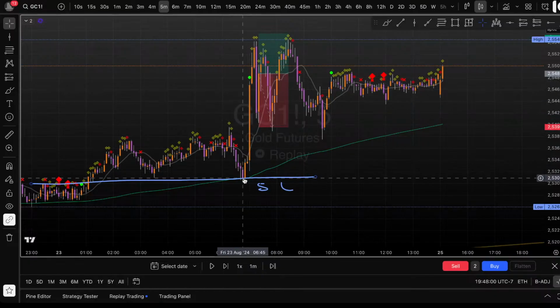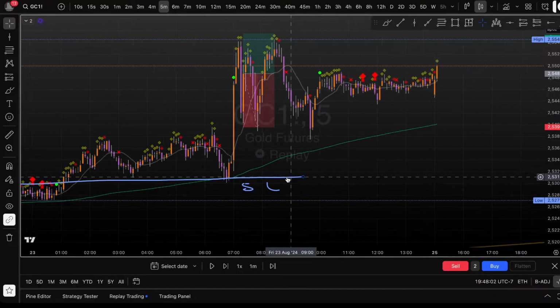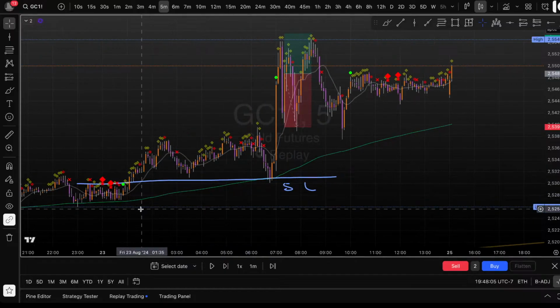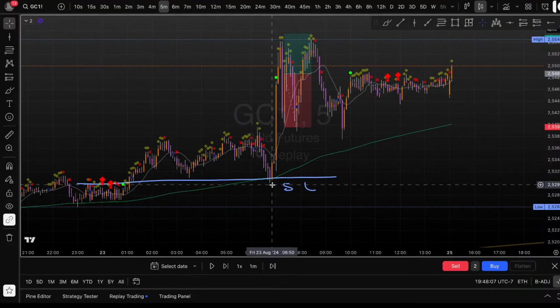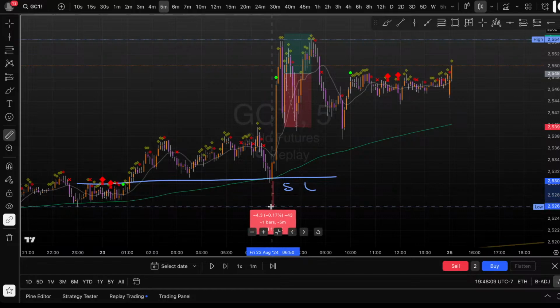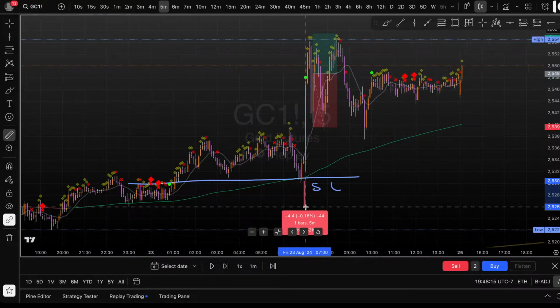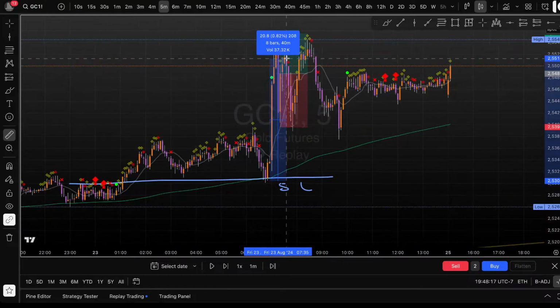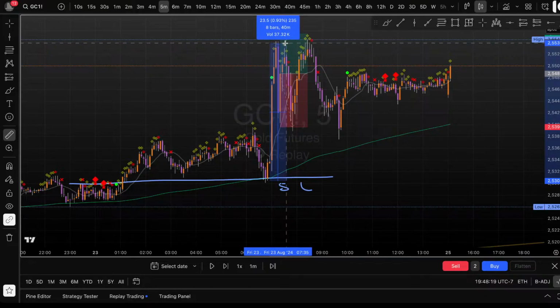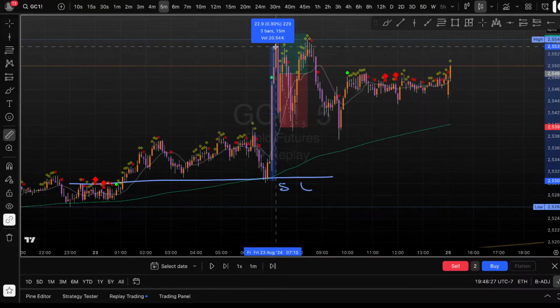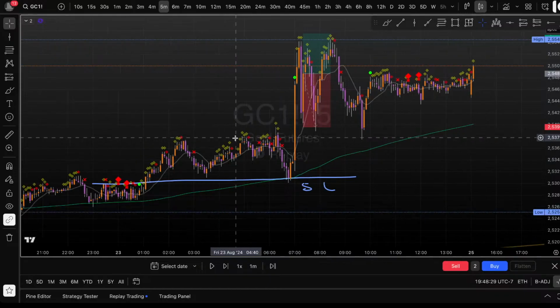The people that took a long here and set their stop there only risked $800 on 2 contracts for over $4,000, almost $5,000 on a straight ride up. Risked $800 for $5,000. Are you kidding me?